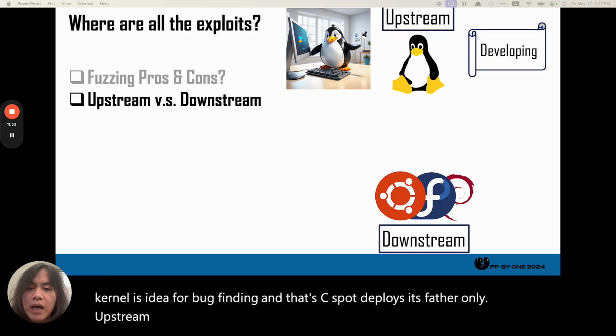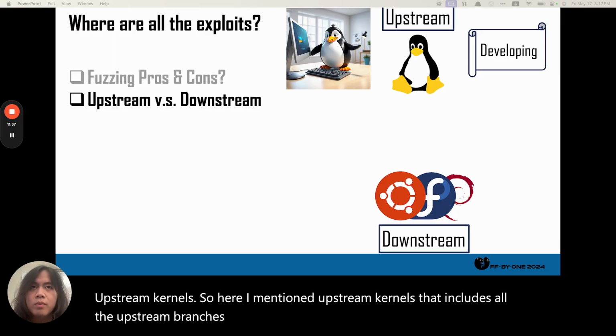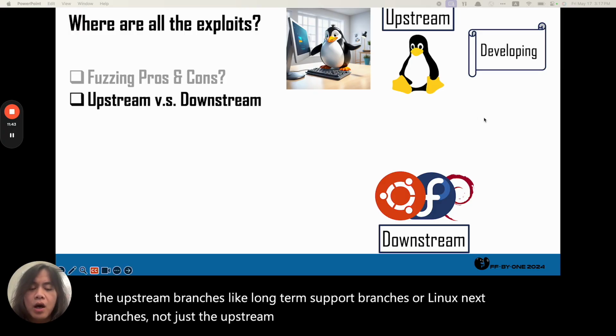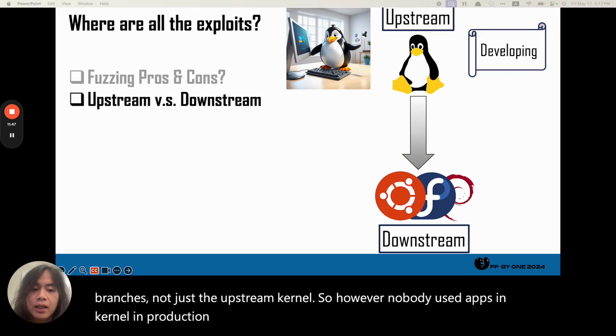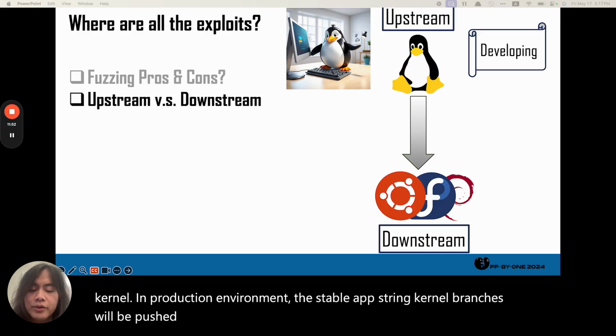Here I mean upstream kernels that include all the upstream branches, like long-term support branches or Linux-next branches, not just the mainline kernel. However, nobody uses the upstream kernel in a production environment. The stable upstream kernel branches will be pushed to downstream once in a while.